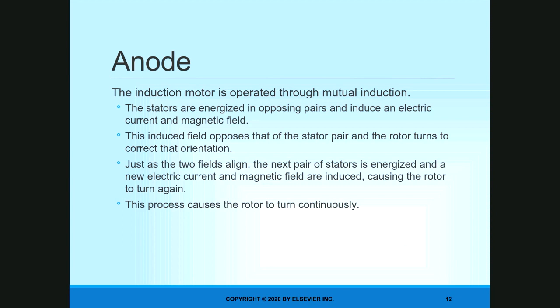So those fixed electromagnets, when supplied with electricity, become a magnet. And when it's a magnet, it turns the rotor, which turns the anode. When the supply is stopped, it no longer is a magnet.